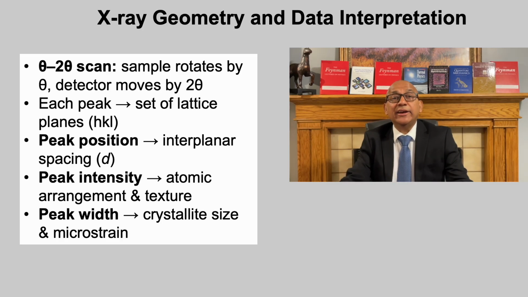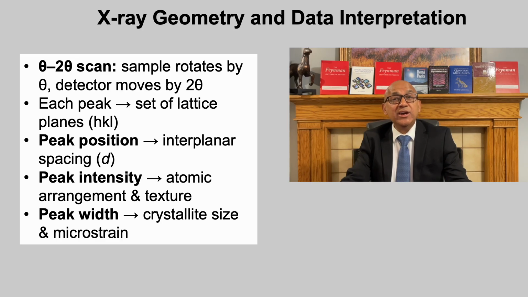The most common XRD measurement is the theta to 2 theta scan, used for both powders and thin films. In this geometry, the sample is rotated by an angle theta, while the detector simultaneously moves by 2 theta, ensuring that Bragg's condition is satisfied for specific crystal planes.